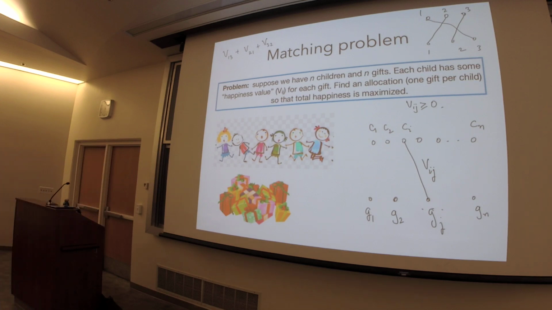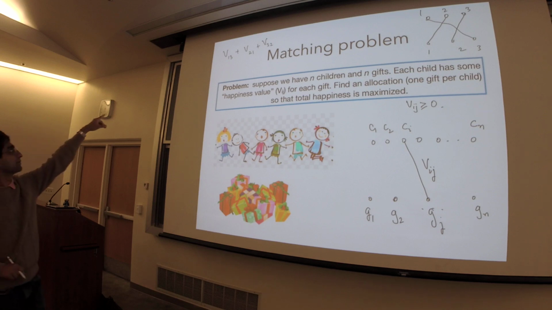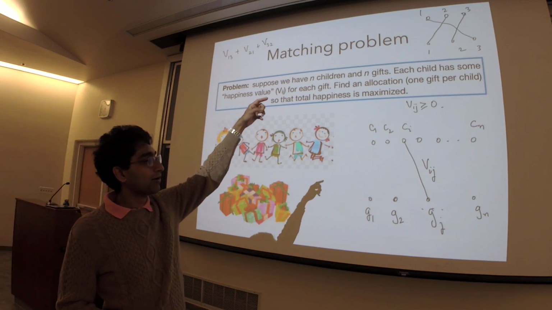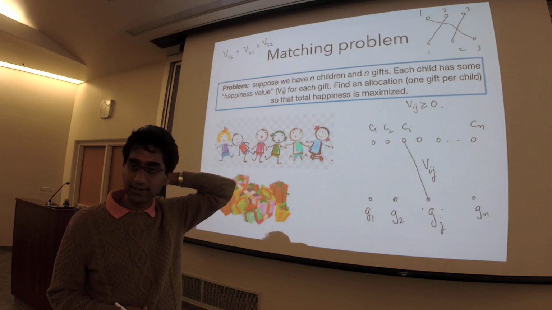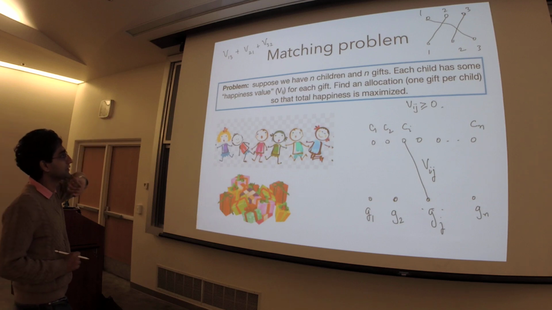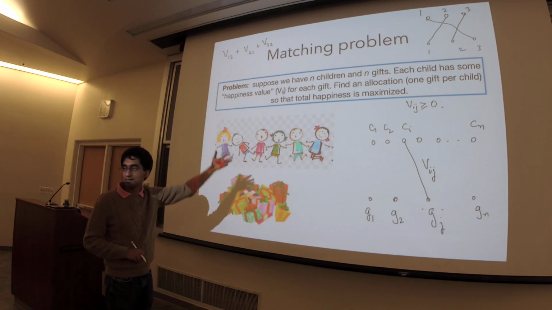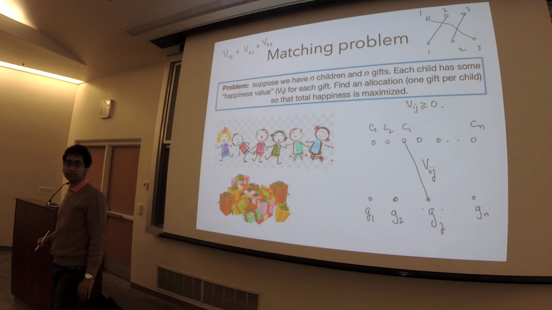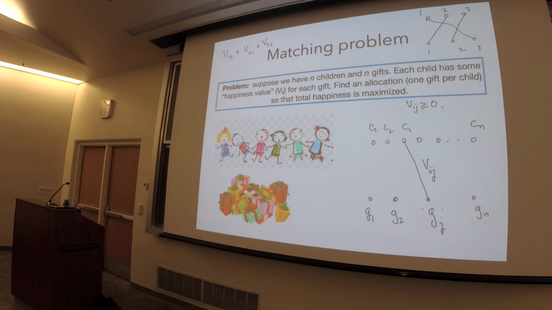I'm given the happiness values V_ij for every gift for every child. That's the input, and you would like to find an assignment so that the total happiness is as large as possible.